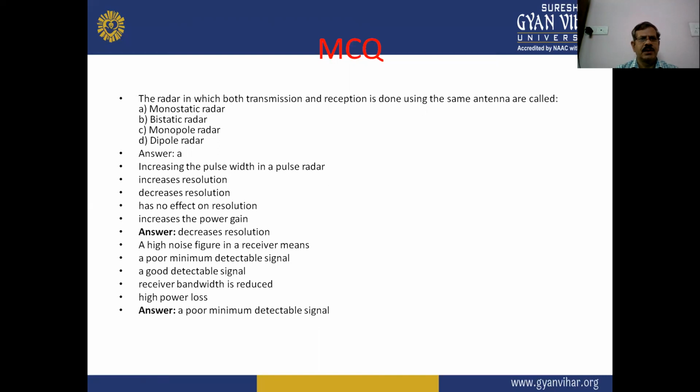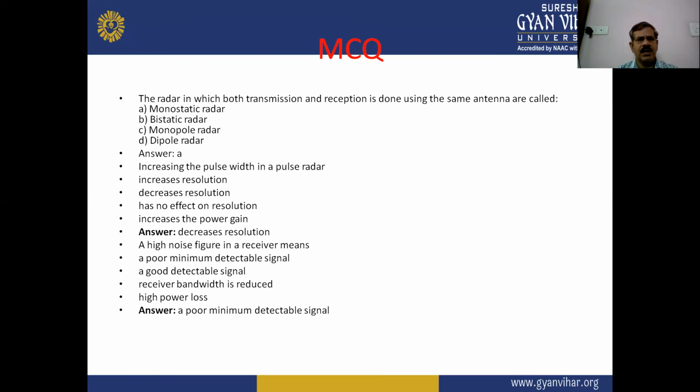Question first: the radar in which both transmission and reception is done using the same antenna is called? Option A, monostatic radar; B, bistatic radar; C, monopole radar; D, dipole radar.